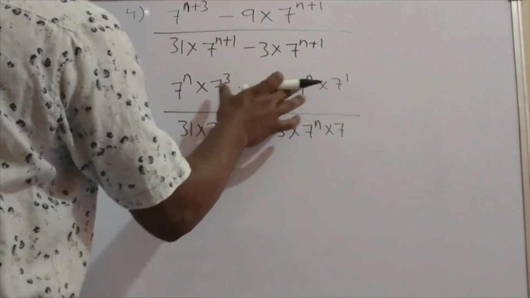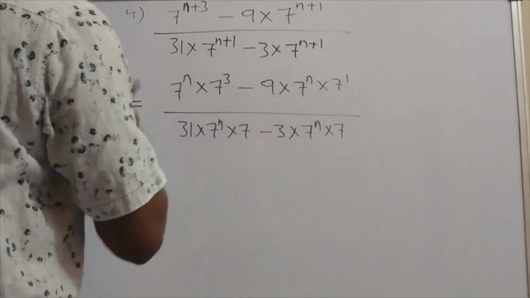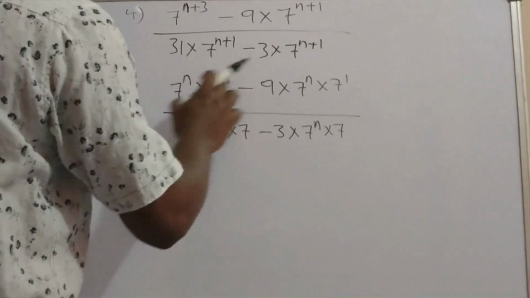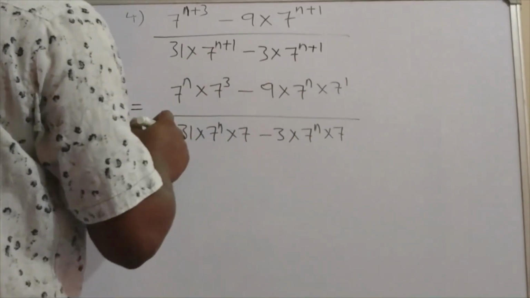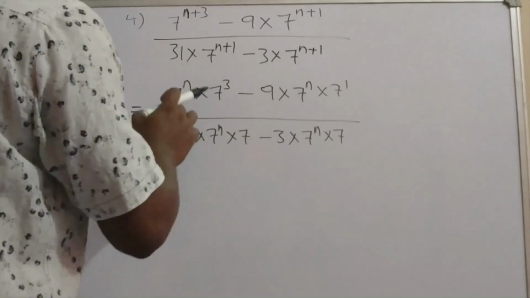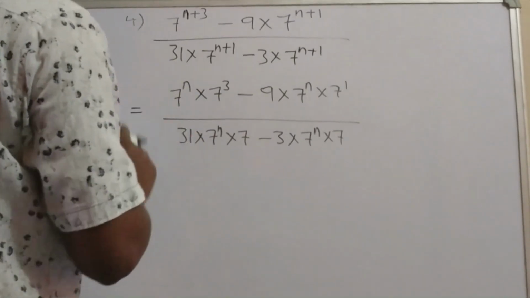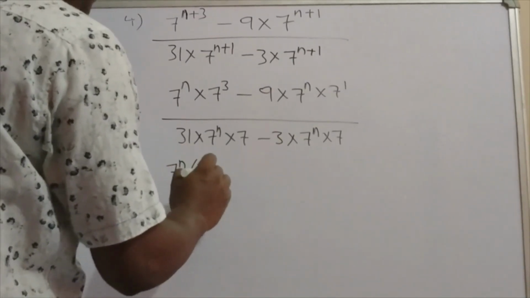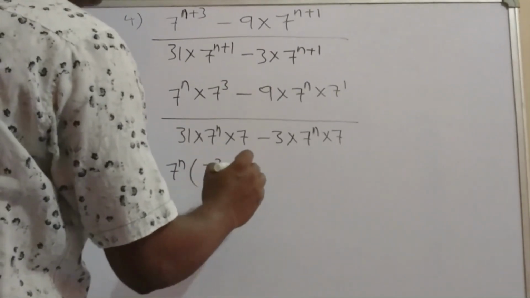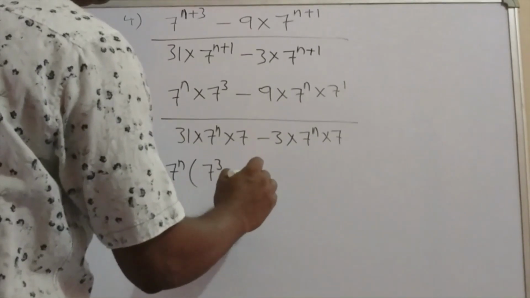In both the numbers, what is common we have to take. Here 7 to the power n is there, here also 7 to the power n is there. So we can take common. Always try to take them common, so that in the numerator and denominator it will cancel. So 7 to the power n you take common. So what is left? 7 to the power 3 minus 9 into 7.